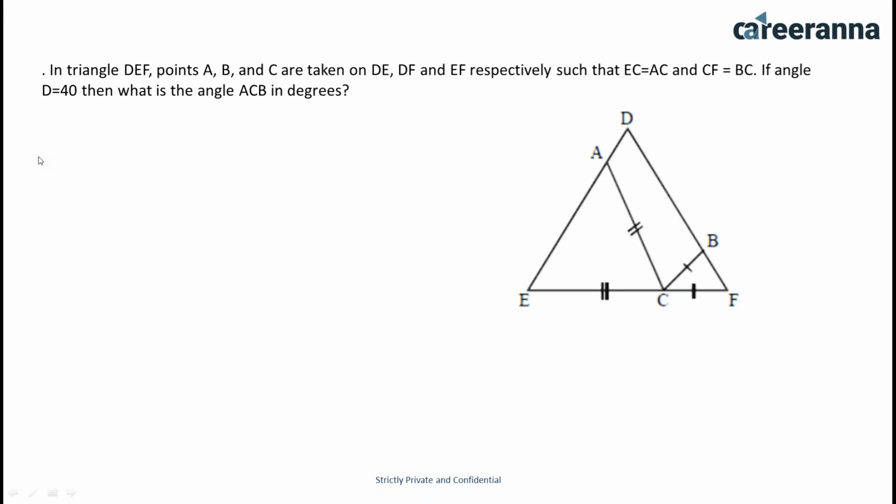It says that angle D is 40 degrees, so with the help of this you can set up a relation, and the sides are also equal. You have to find angle ACB. So what is the value of ACB you are getting? 160. Okay.